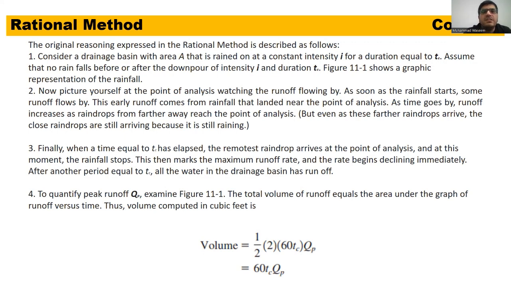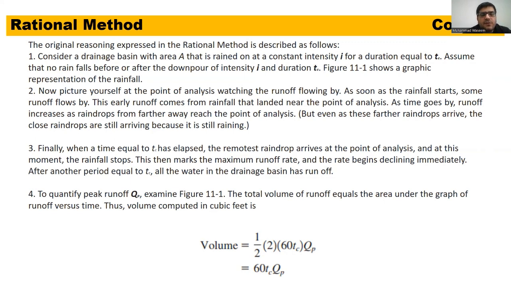Then the flow rate starts declining immediately, and the water from the remotest point will take time equal to the time of concentration to get out of the point of analysis.